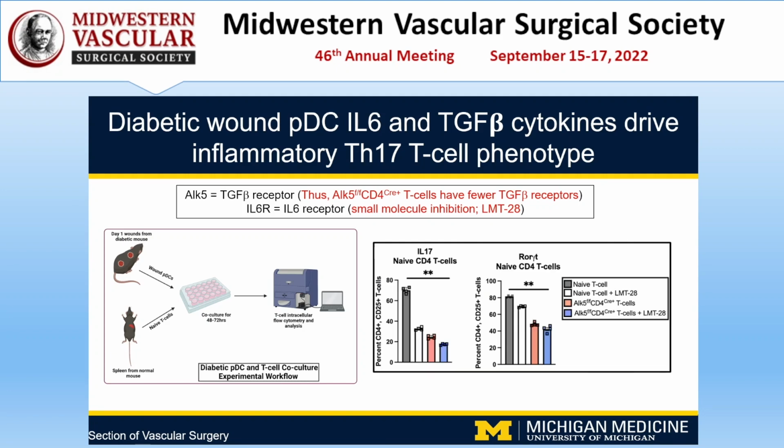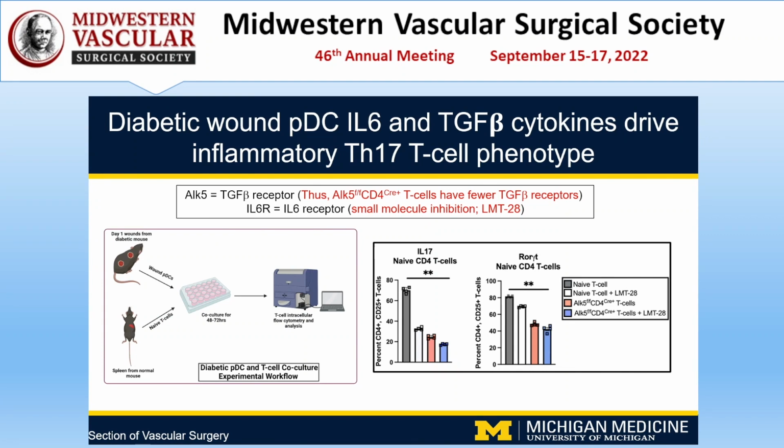If you look at the graph on the right, in gray, to the far left of each graph, you have the normal naive T cells with diabetic wound PDCs. When you treat with an IL-6 inhibitor, you knock that down significantly for IL-17 and the Th17 signature. In addition, when you look at the ALK5, or TGF-beta receptor, knockout mice, those are down as well.